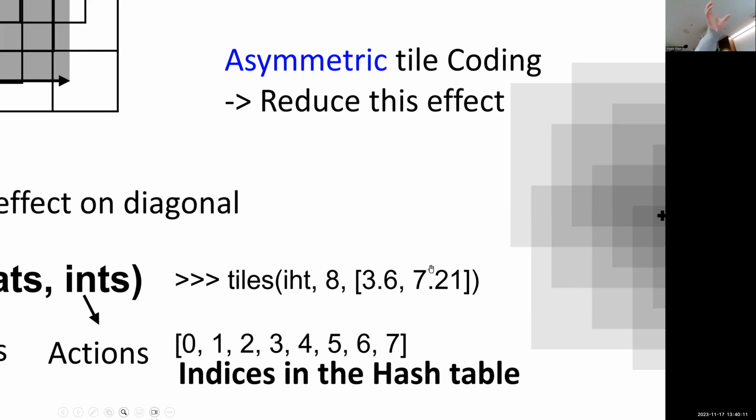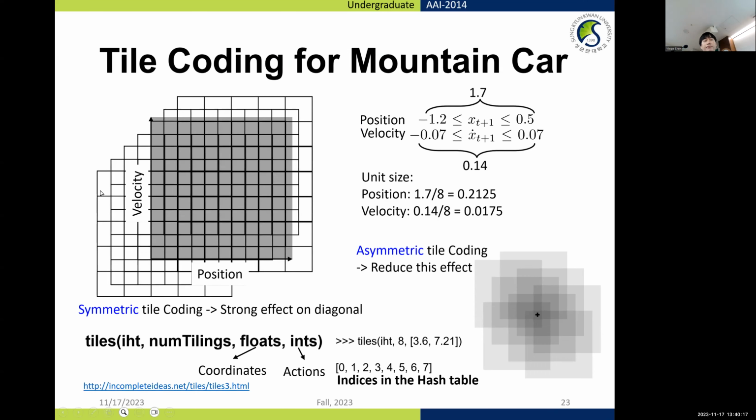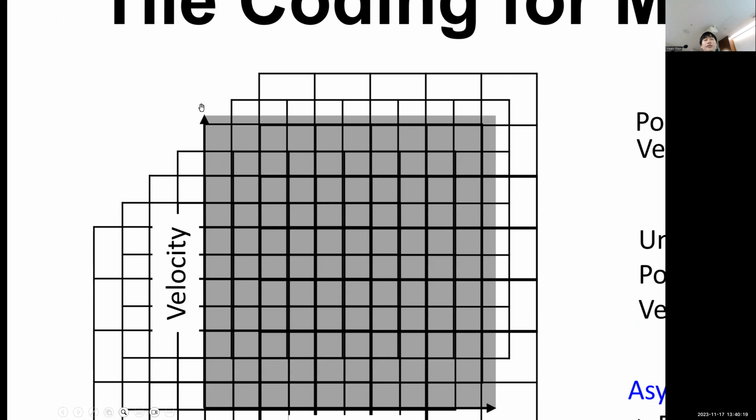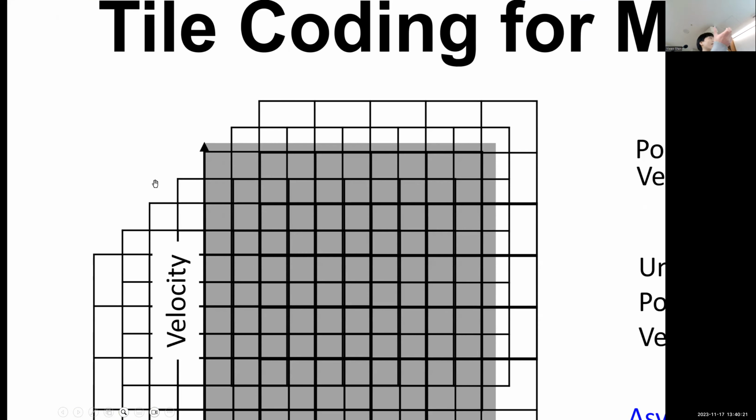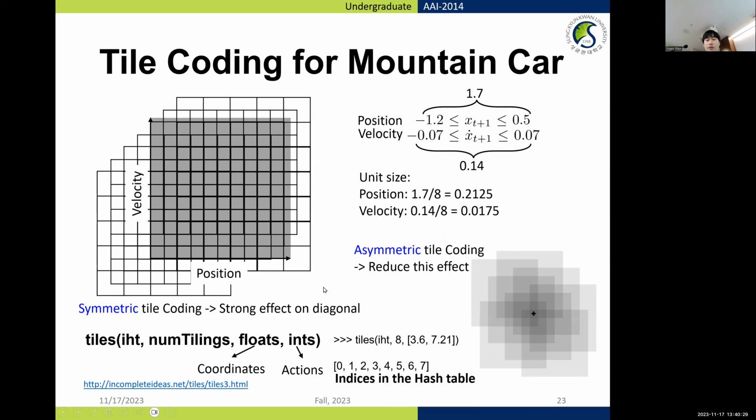You use the hash table to save those data instead of using 8 matrices, since we have 8 tilings, which may have very big memory use.